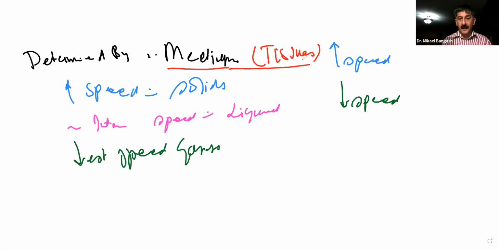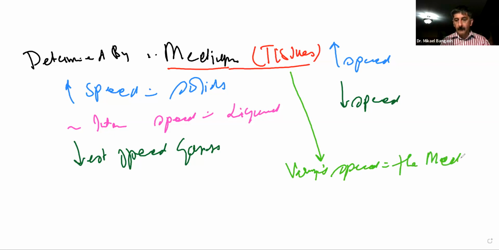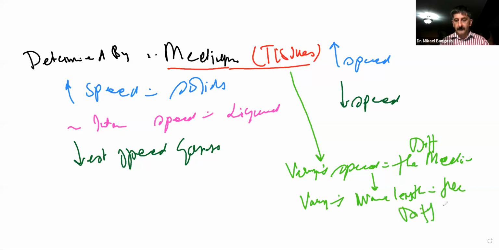And what I have also said is that this change, because of the varying speed in the medium, or we can say in different media or different tissues, is going to lead to varying wavelengths in the different tissues or media.